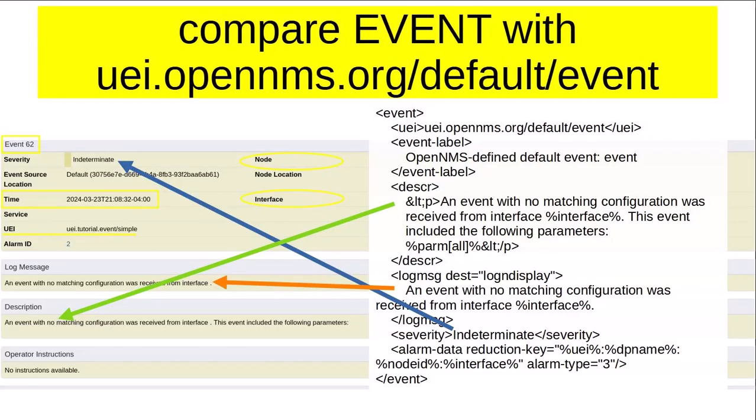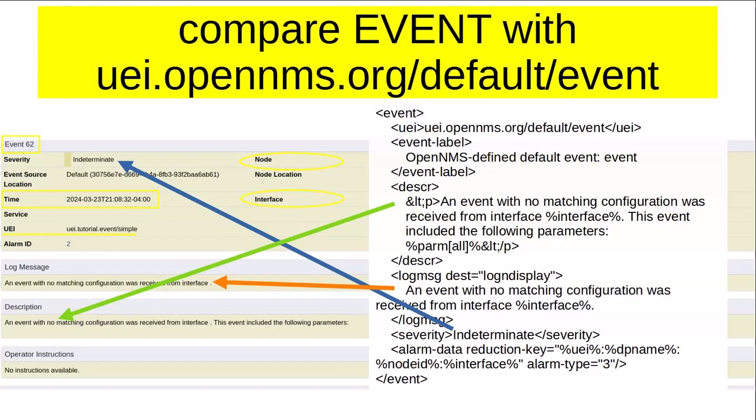Comparing how uei.tutorial.event/simple was interpreted using uei.opennms.org/default/event, follow the arrows for description, log message, and severity.